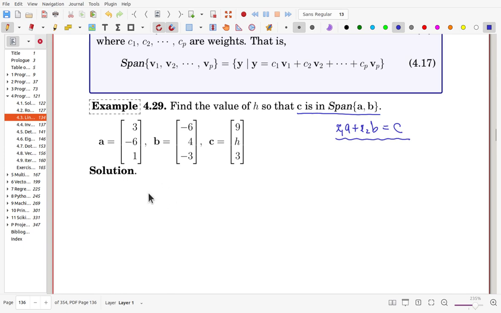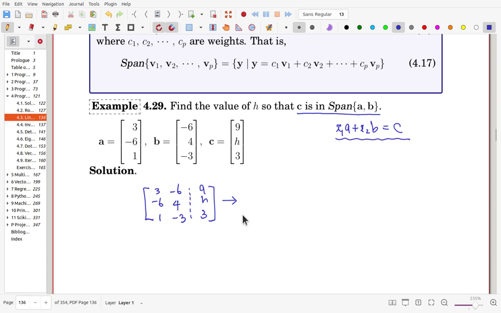Okay, so we start with the corresponding augmented matrix. Here the first column is 3, minus x, and 1, and the second column is minus x, 4, and minus 3, and here the right side is 9, h, and 3. Okay, so we'll decide h such that it has a solution.